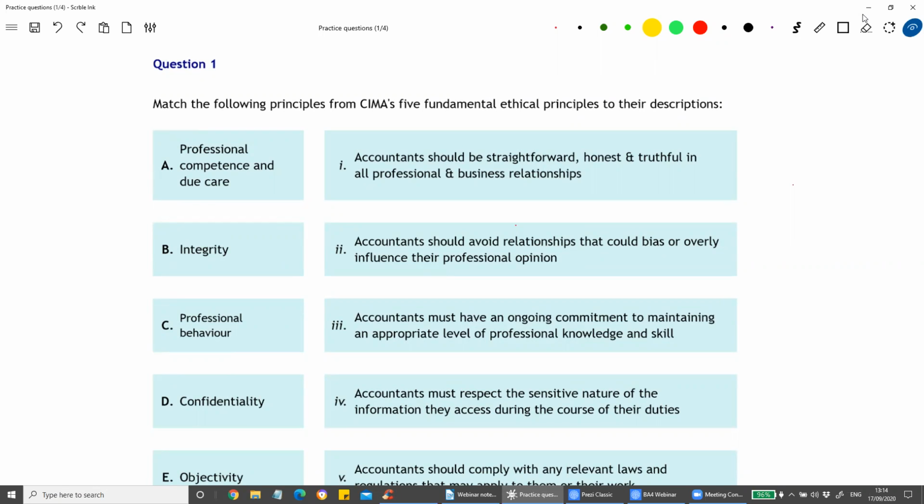And what we have to do in this question is simply match the principles that we've just been through to their descriptions. Now, this seems nice and easy, doesn't it? Because surely this is really basic revision that we have to learn and understand the terms. And this is something that you will come across in BA4. This is a nice, simple question that should take you a short amount of time.